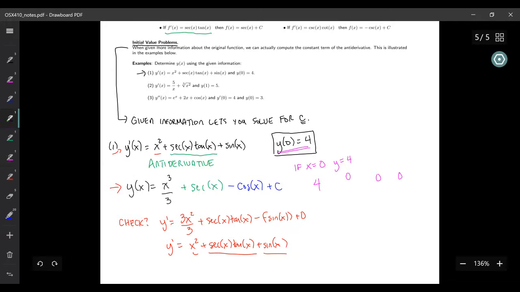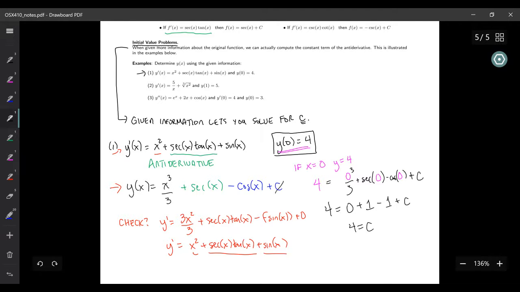So this tells me that we get 4 is equal to 0 cubed over 3 plus secant of 0 minus cosine of 0 plus a constant. Okay, so I plug 0 in. Right. 0 to the third divided by 3 is 0. Secant of 0 is 1. Cosine of 0 is 1. Right, so that means that 4 is equal to c.